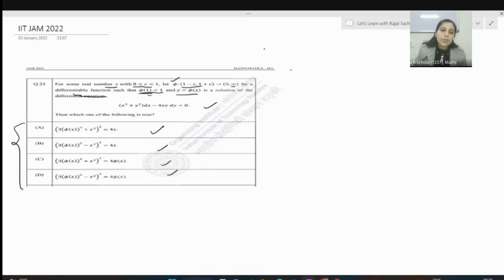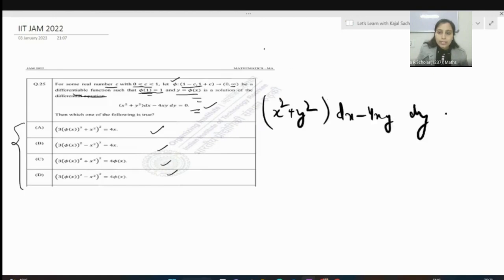So let's try to find the solution of this equation, and the solution will be equal to phi x. Then we can compare the solution with these 4 options. The given equation is x square plus y square dx minus 4xy dy is equal to 0.